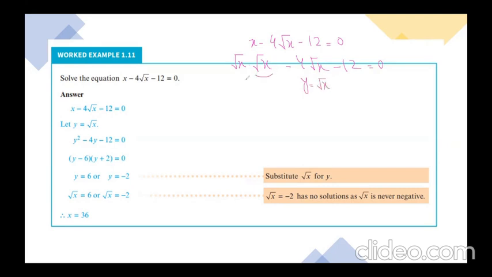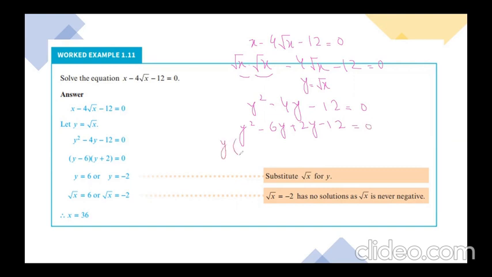So there must be y into y. That must be y square minus 4y minus 12 equals 0. So this must be y square minus 6y plus 2y minus 12 equals 0.